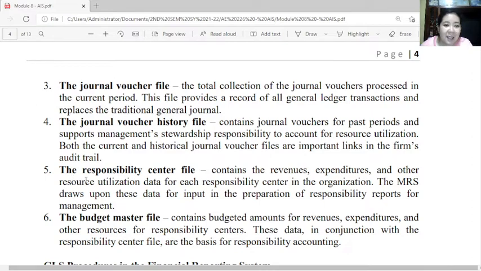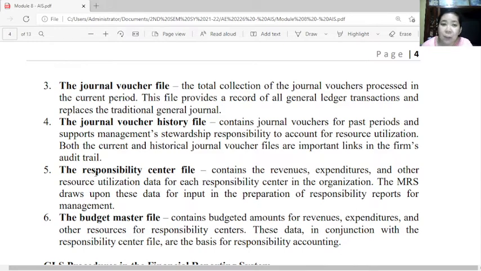Okay, so the next file is the responsibility center file. Here, it contains the revenues, expenditure, and other resource utilization data for each responsibility center in the organization. So the management reporting system draws upon this data to be used as input in the preparation of responsibility reports for management.